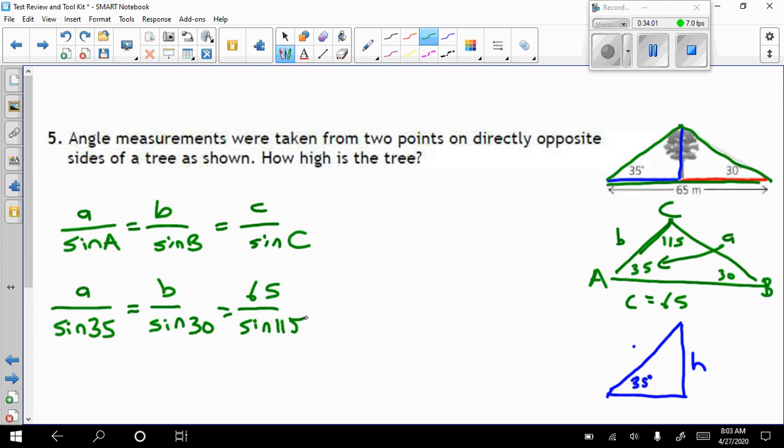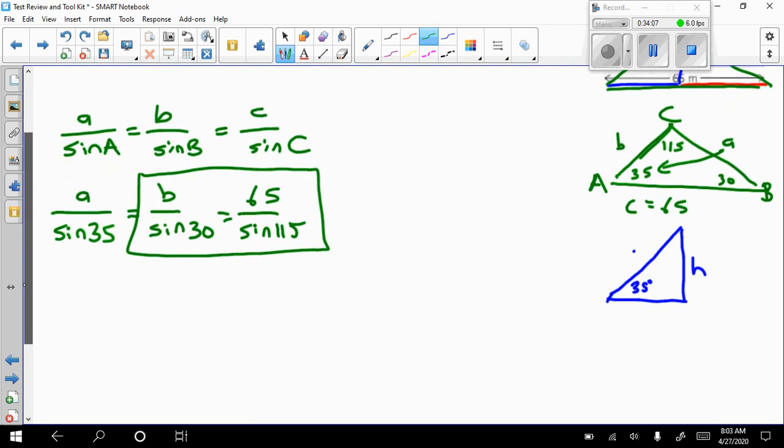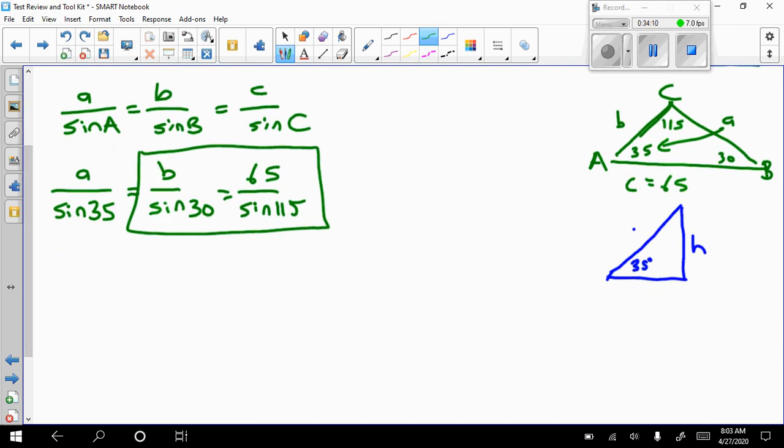And I said, well, let's work on b. So I'm going to work on this part of my sine law. So here we go. Look what I'm going to do. I'm just going to say b is equal to, and I'm going to multiply the sine 30 up. So it's going to be 65 sine 30 all over sine 115. So that was nice.